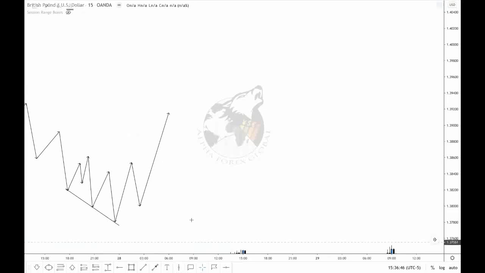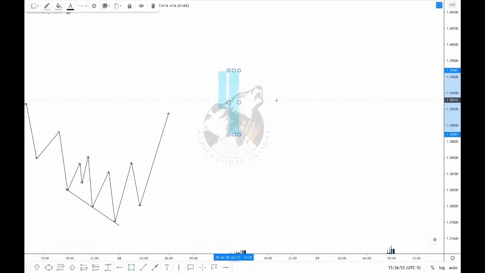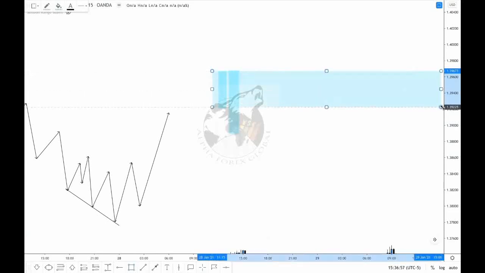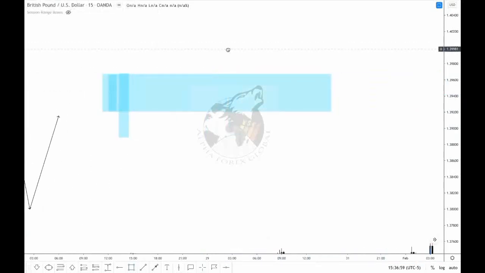Another instance where Wyckoff is present is, say you have a point of interest. Say we're looking to sell the market here at this order block, and let's say this is the 15-minute time frame that we're on right now.